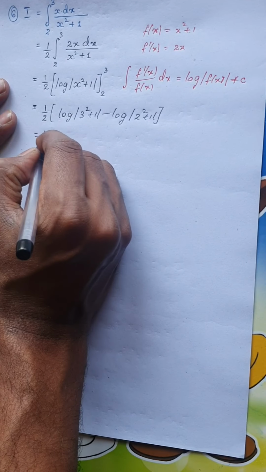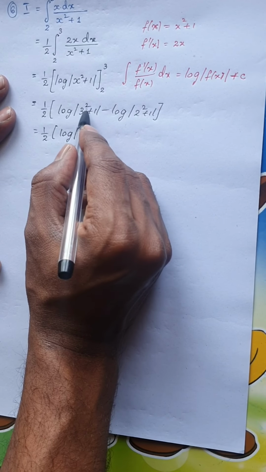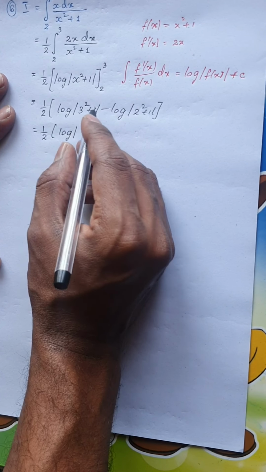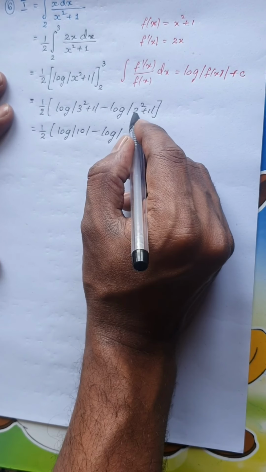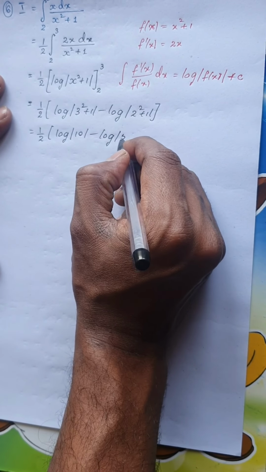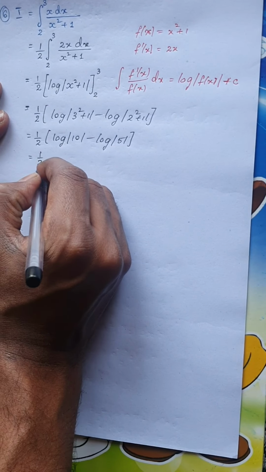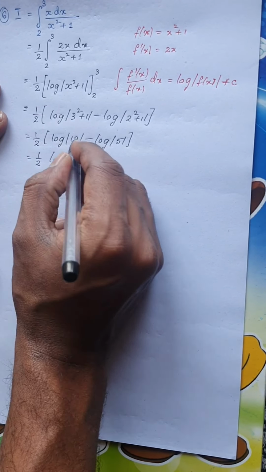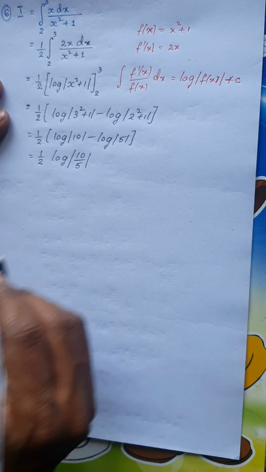This is nothing but half into log of mod. Now what is 3 square? 3 square is 9, isn't it? So 9 plus 1 is 10, minus log of mod 2 square is 4, 4 plus 1 is 5, right? So this is half into, this is of the form log m minus log n. This can be written as log of m by n, right?